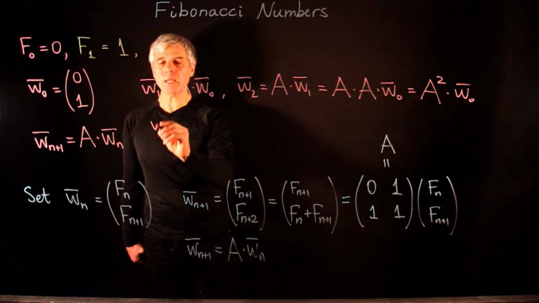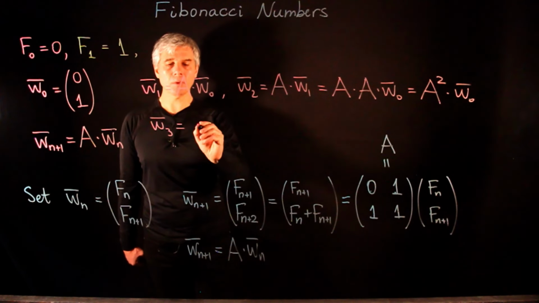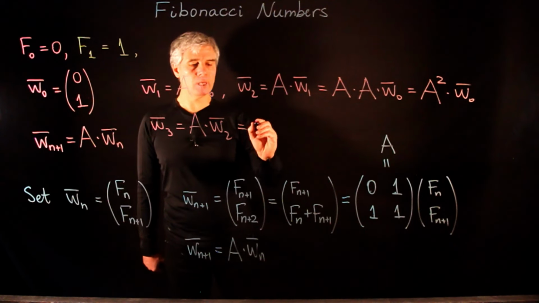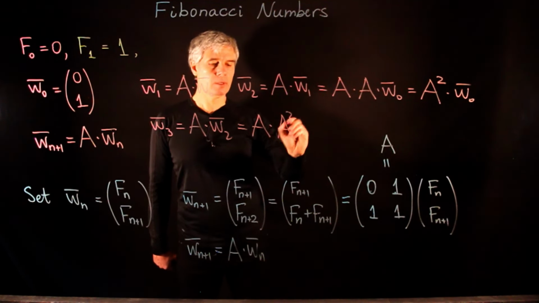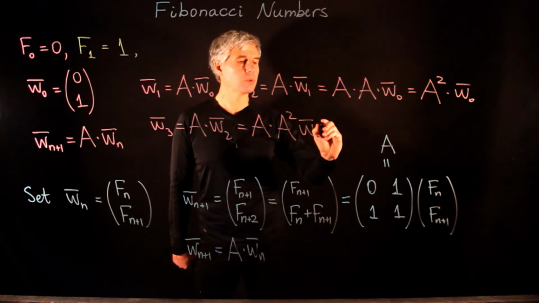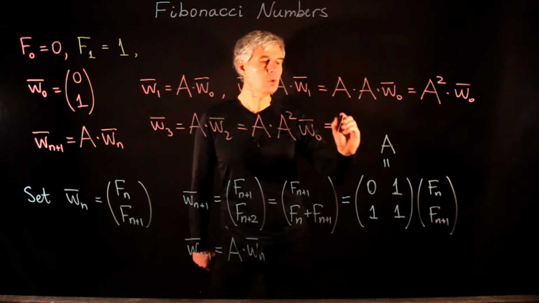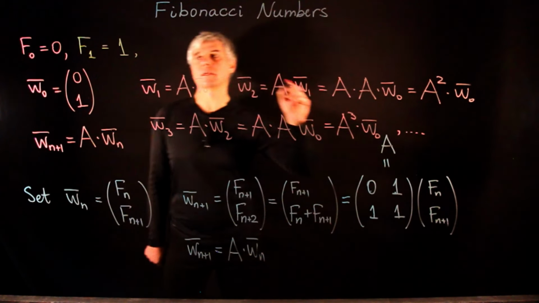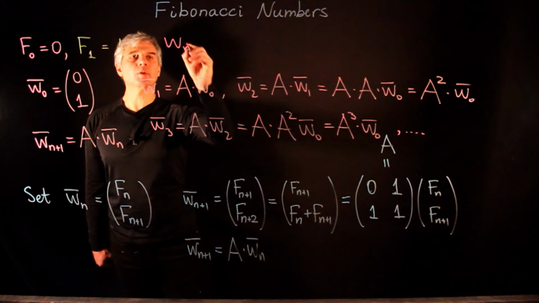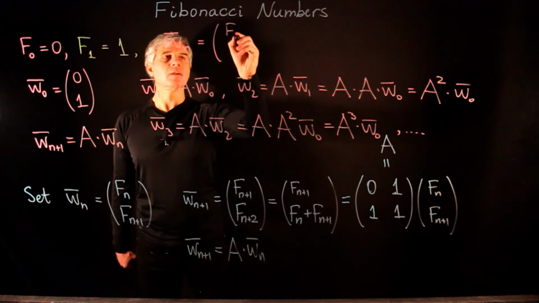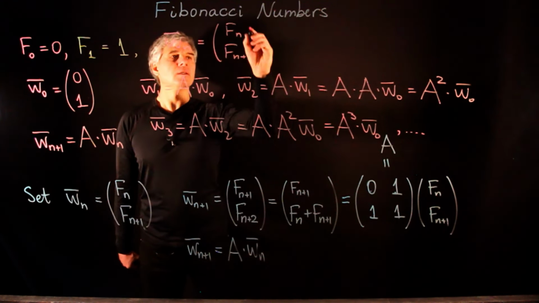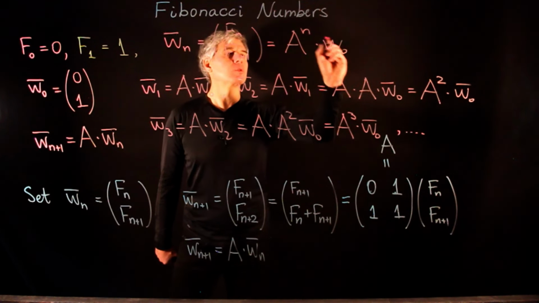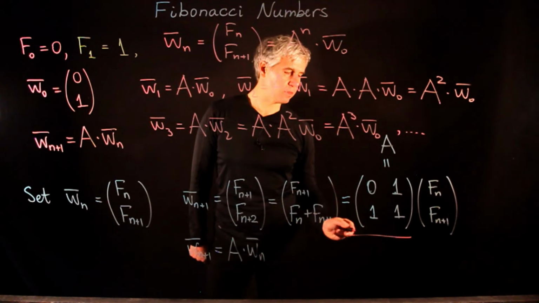And w3 is equal to A times w2, and w2 is A squared times w0. So we get that w3 is A cubed times w0. And now we can see the pattern that the vector wn, which is fn and fn plus 1, is equal to A to the power n applied to w0, where A is this matrix.